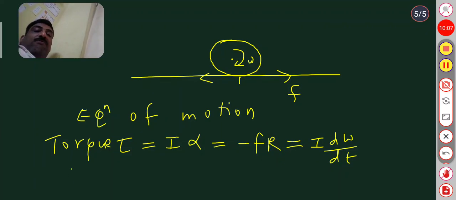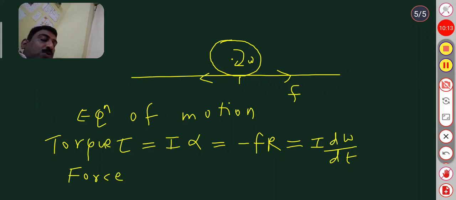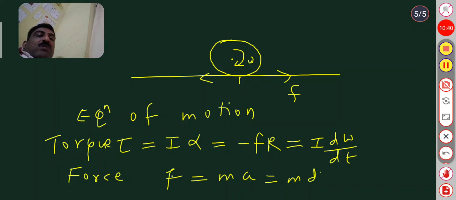Now if you calculate the force which is acting on this flywheel, force F, the force which is making the body move forward is your frictional force, isn't it? So you can write force small f is equal to m into a, right, which is equal to m into dv by dt.